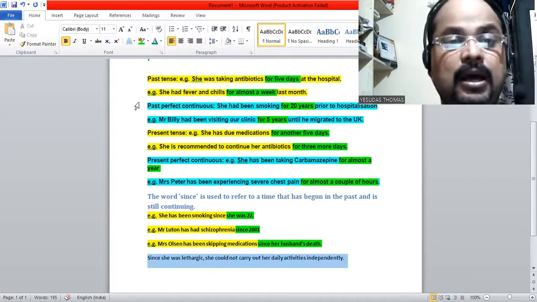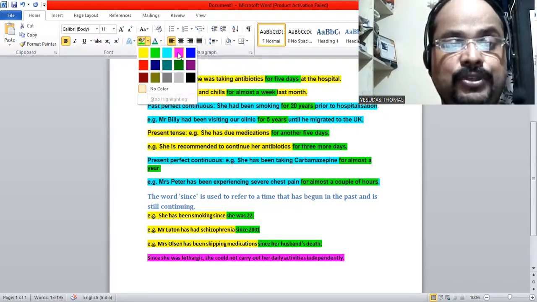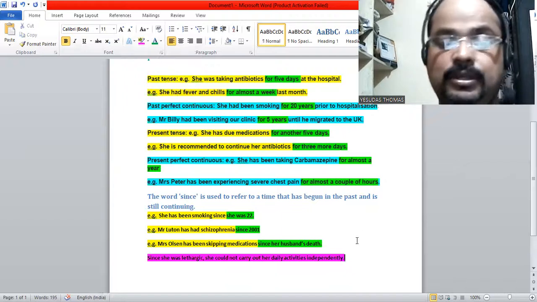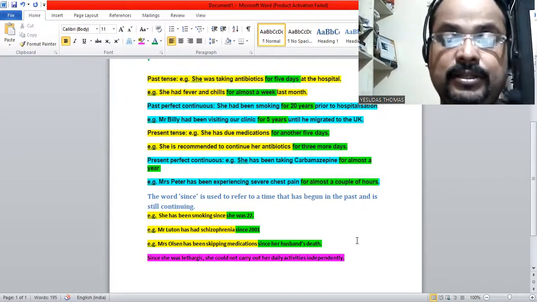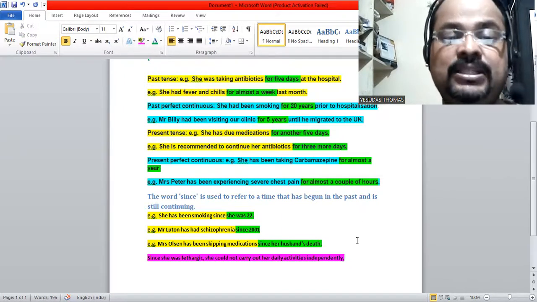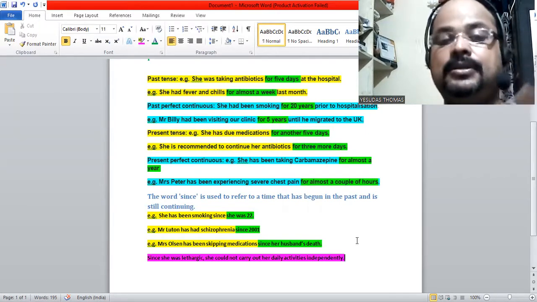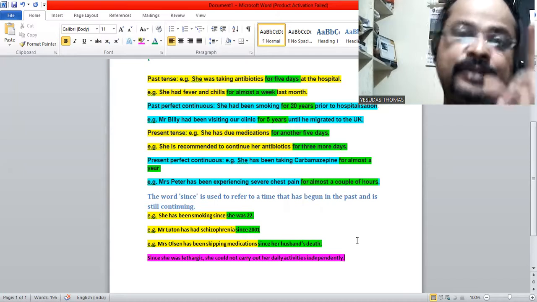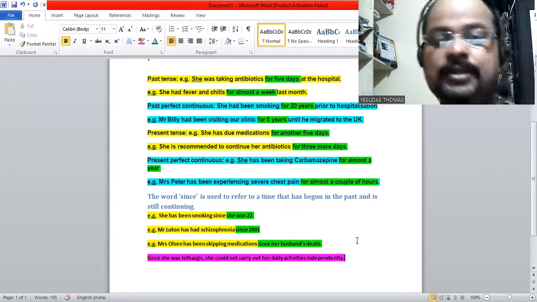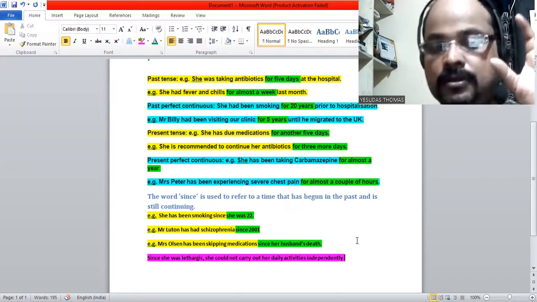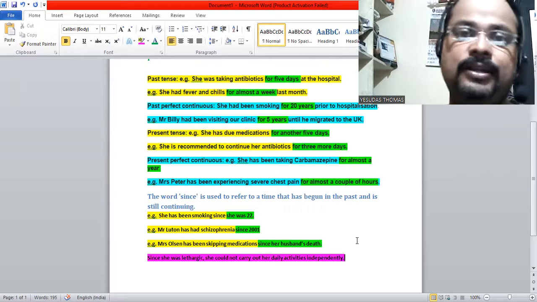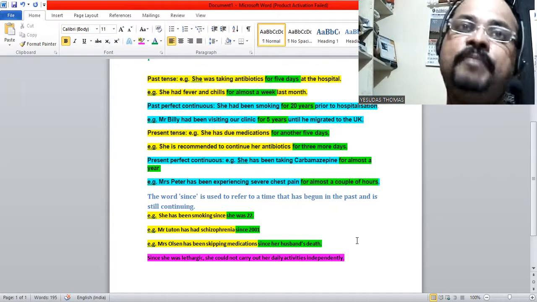This is a sentence which I would like you to see. There is a difference here. The since here is used instead of because she was lethargic. So this since is not representing the time frame. The word since is there, but here it is used instead of because.